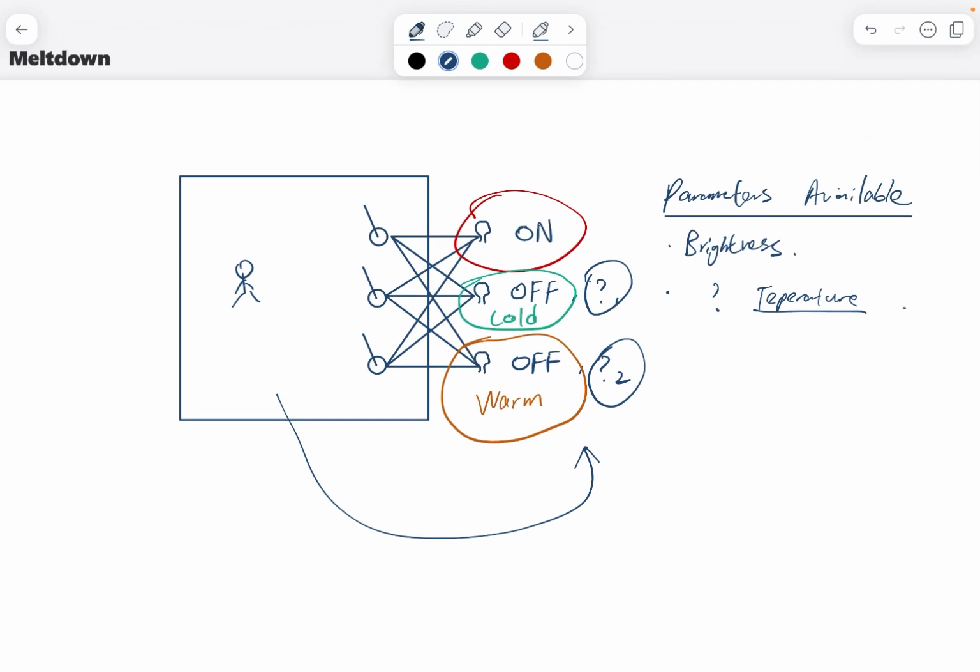So this is how you can solve this IQ problem.